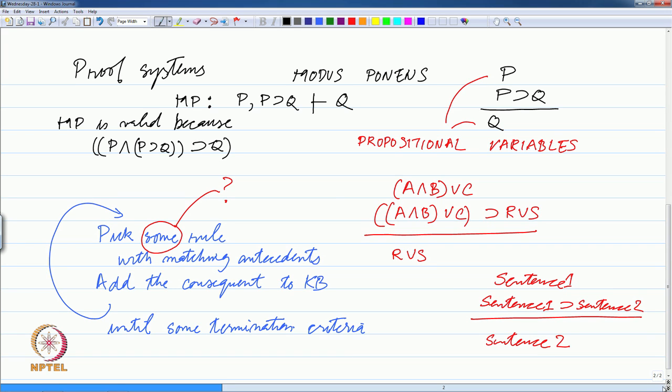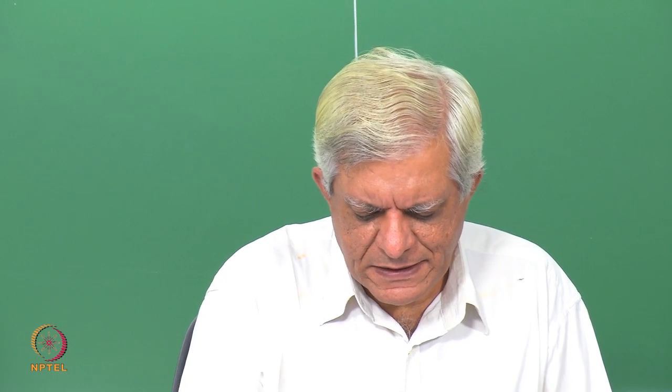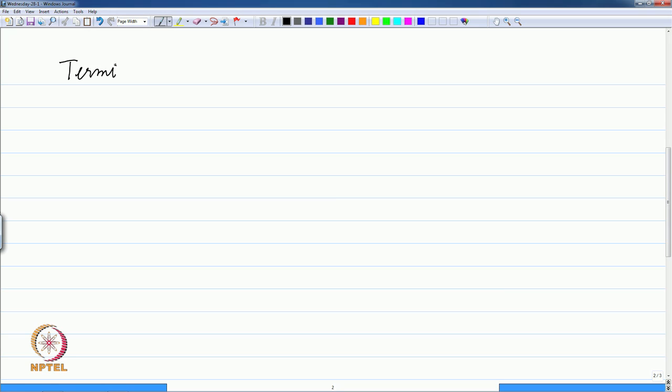So let us talk about the termination criteria. By and large we tend to distinguish between two kinds of proofs. One is called direct proof, or we often use the term natural deduction.